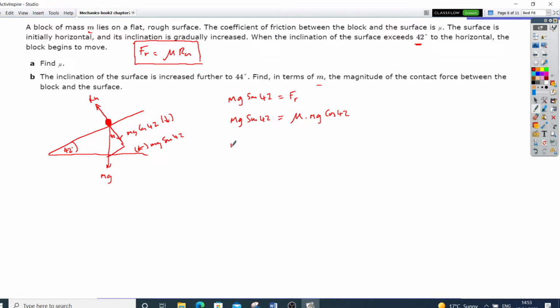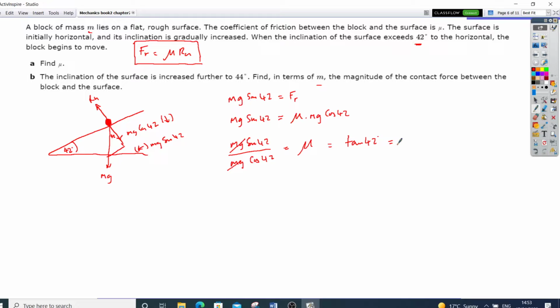So we have mg sin 42 over mg cos 42 equals mu, and the mg will cancel, and therefore that will be the same as tan 42.